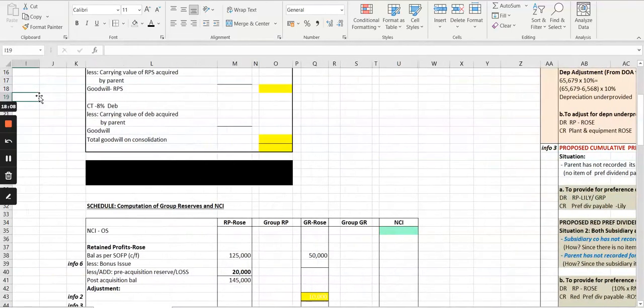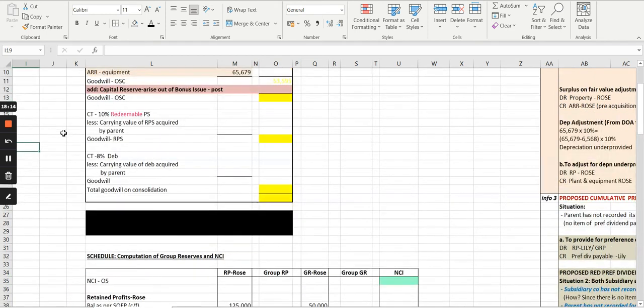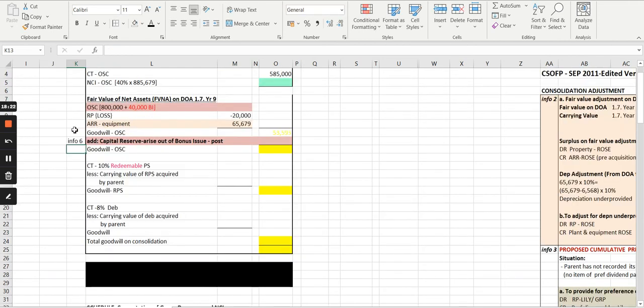Okay, we're doing information number 6, which is on bonus issue. I put here info 6. This is also info 6, right? And this is also related to info 6.